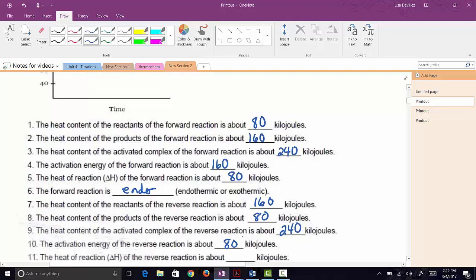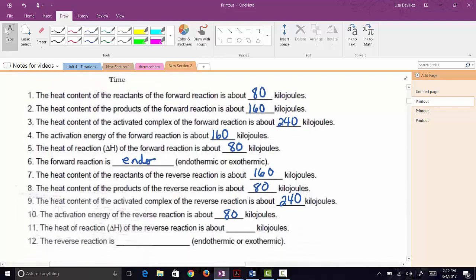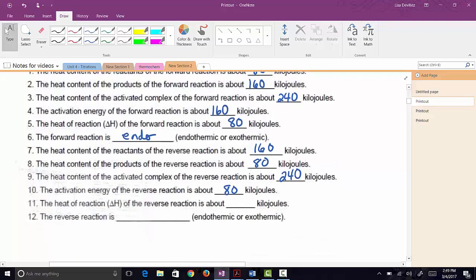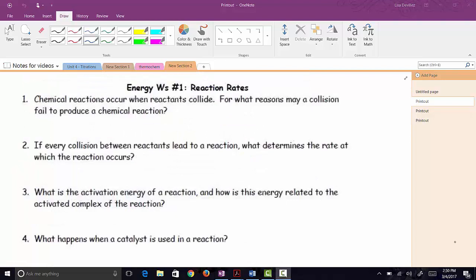The heat of reaction, or delta H of the reverse reaction, is going to be products 80 minus reactants 160, so that's going to be a negative 80, and the reverse reaction is exothermic.